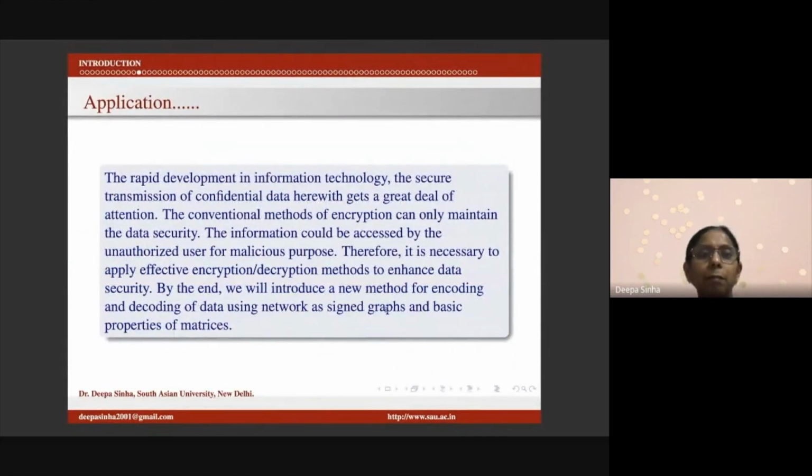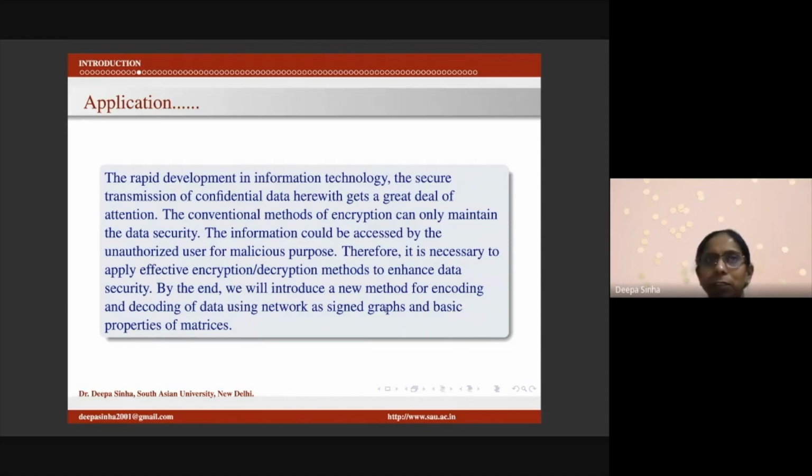With the rapid development in information technology, the secure transmission of confidential data gets a great deal of attention these days. The conventional method of encryption can only maintain the data security. So there are so many ways, and this is one addition to that. The information could be accessed by an unauthorized user for malicious purposes.